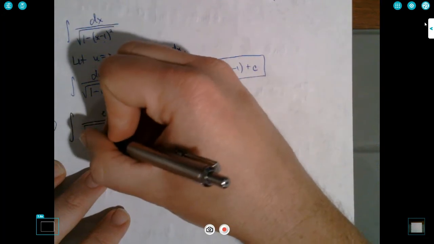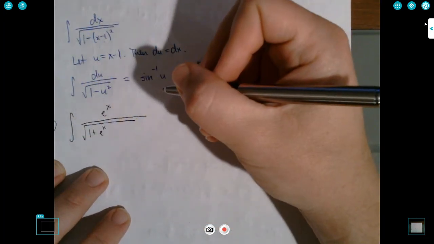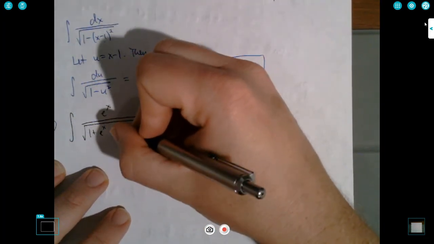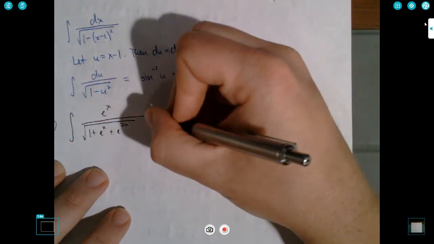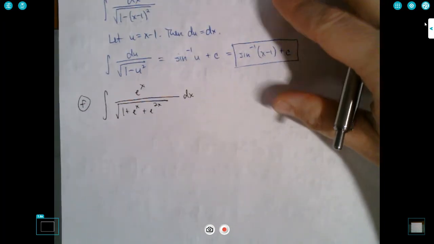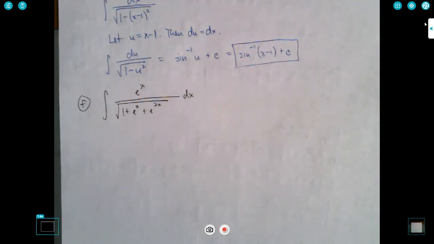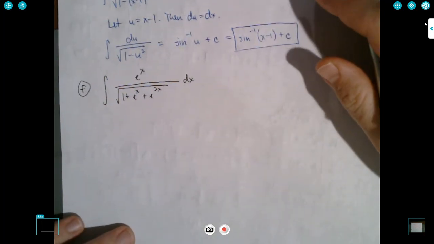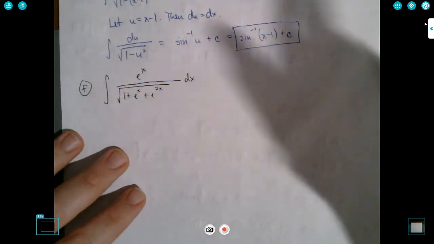To help you along. Anyway, let's do e to the x over square root of 1 plus e to the x plus e to the 2x dx. Oh, how nasty. So this is something where I might do a u substitution now. I might let u be e to the x just so that things are a little nicer.